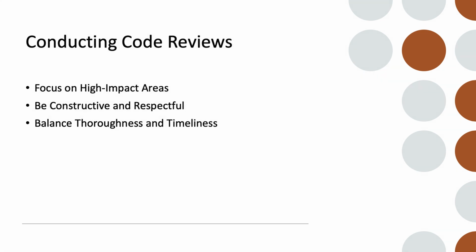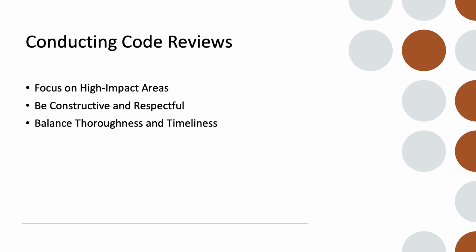Now, in general, when conducting code reviews, it is important for reviewers to focus on high-impact areas that are critical to the functionality, performance, and security of the code. This may involve prioritizing certain aspects of the code, such as complex algorithms, sensitive data handling, or areas prone to bugs and vulnerabilities.